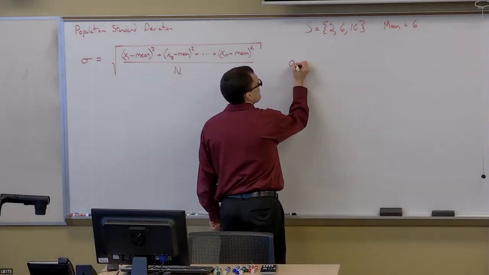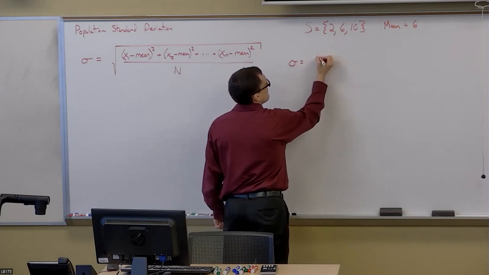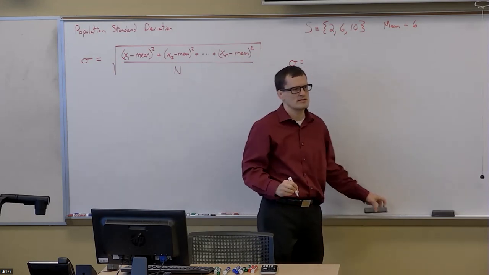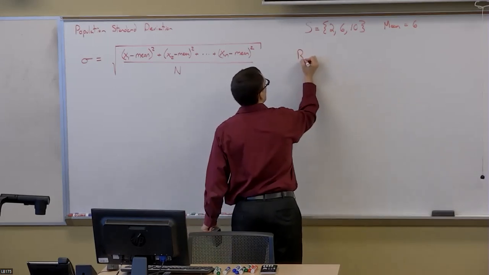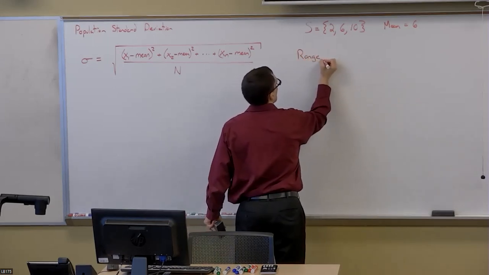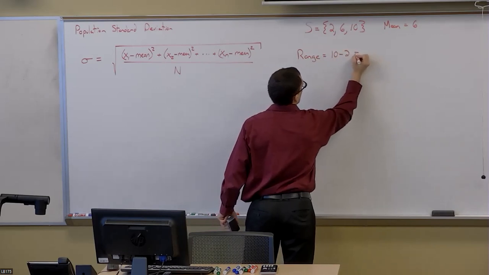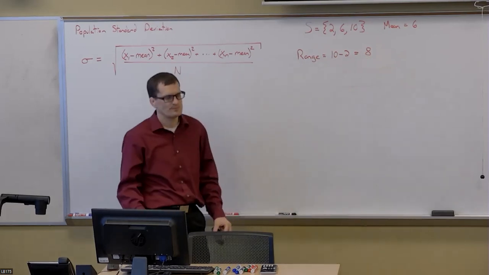If we're looking for the standard deviation of that set, let me do the range first. Range will be quicker, right? Range is pretty easy. Range is the distance between the highest value and the lowest value. So the range is 8.